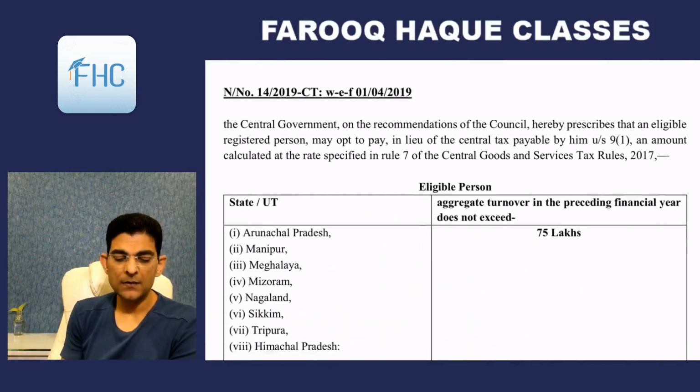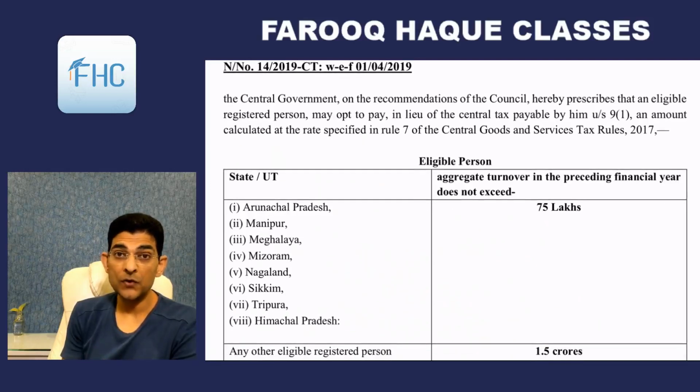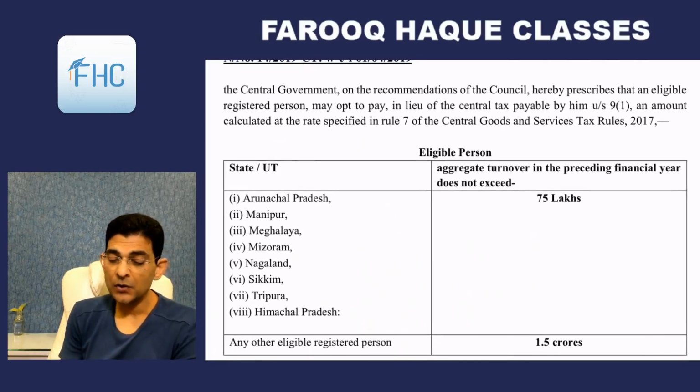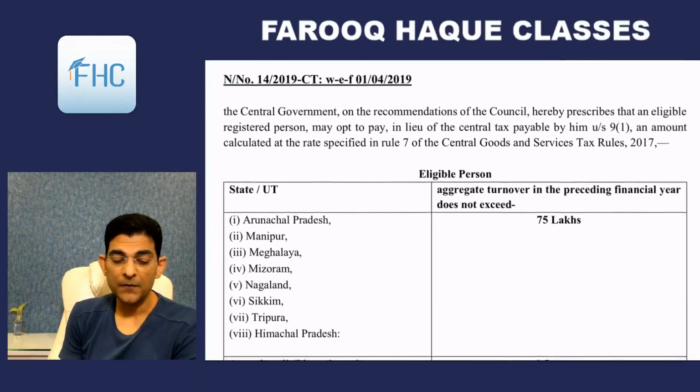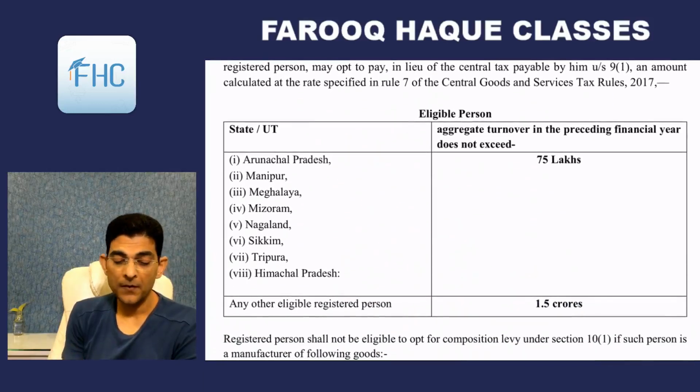And then notification 14/19 is given regarding the turnover. So what is the turnover in which states? So this you have to remember. So the turnovers which are notified here are for Arunachal Pradesh, Manipur, Meghalaya, Mizoram, Nagaland, Sikkim, Tripura and Himachal Pradesh.